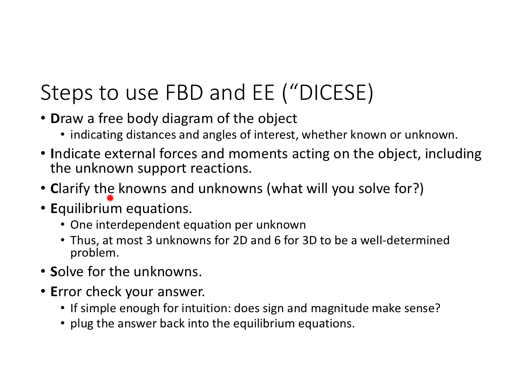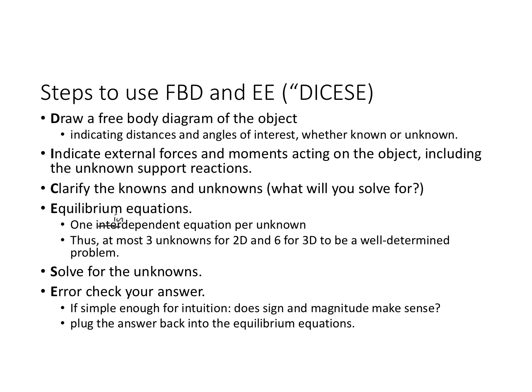Clarifying the unknowns is very helpful because you expect to have one equilibrium equation for every unknown in order to solve for all the unknowns. And I should mention these are linearly independent equations. Sorry, that shouldn't say interdependent. Let me fix that. One independent equation.